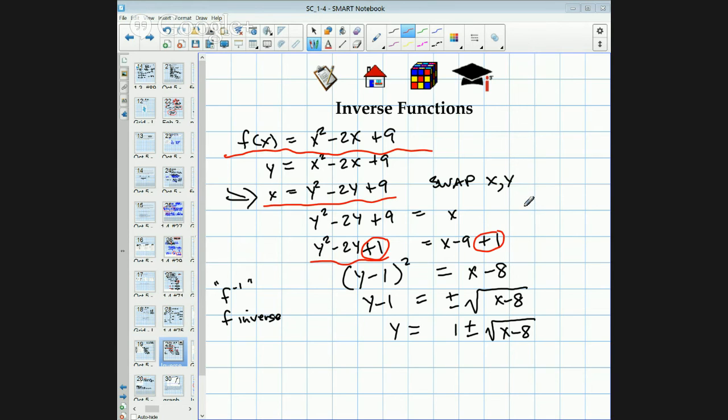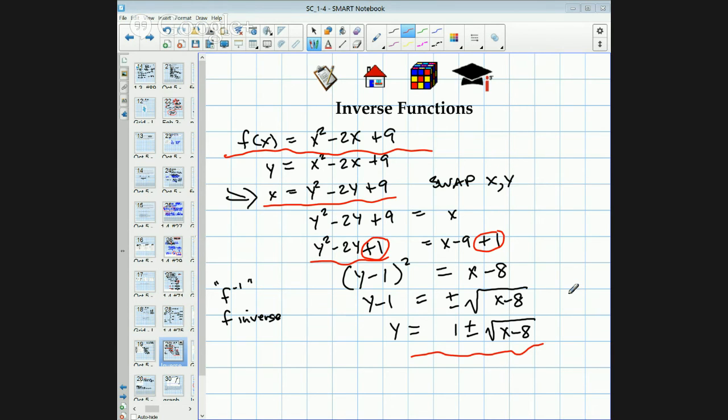And then, like we did before, I added 1 to do it, and I did it to both sides. This now can be written as a perfect square. Okay? And then just take both square roots and get y alone. Bingo. We've got the inverse.